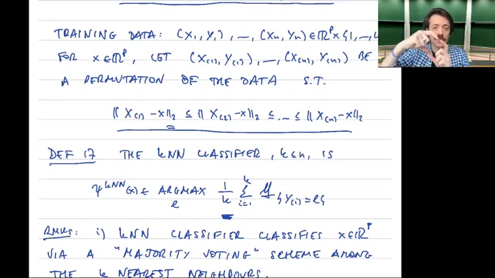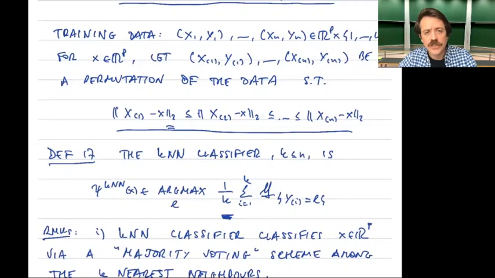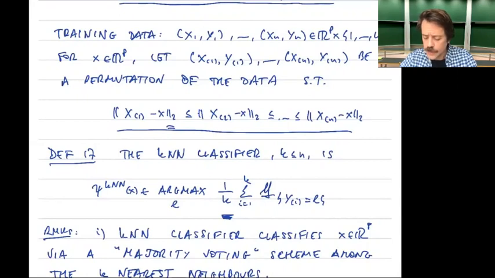Or if we rotate it and so on, yeah? So we would wish to account for such invariances via the norm, and this is not actually an easy task.